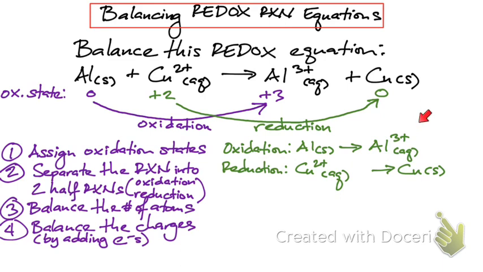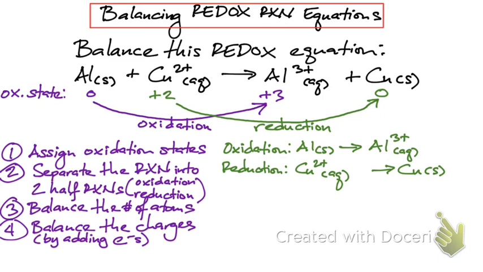And so in order to balance the charges from 0 to +3, we add 3 electrons on the product side. That would balance out the charges, because electrons are negatively charged.